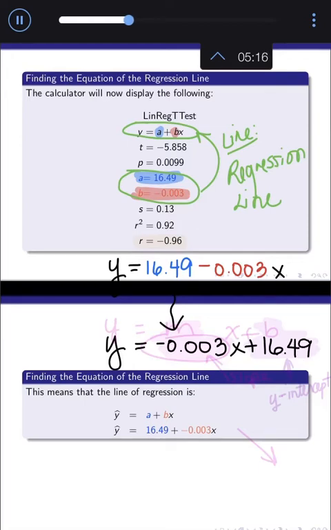It looks like slope-intercept form, y equals mx plus b, where m stands for whatever's in front of the x. Remember, m is our slope. And the b at the end is your y-intercept, where you intersect the y-axis.